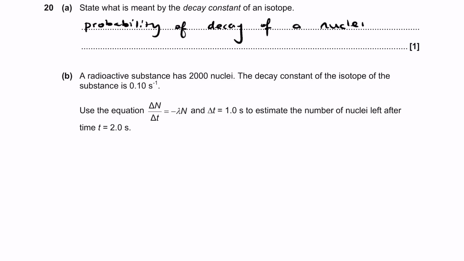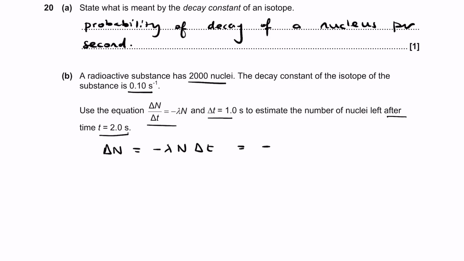So nice and simple. Next question says that a radioactive substance has 2000 nuclei and the decay constant of this isotope is 0.1 per second. Use this equation and delta t as 1 second to estimate the number of nuclei left after 2 seconds. So let's find delta N after 1 second: minus lambda N times delta t.